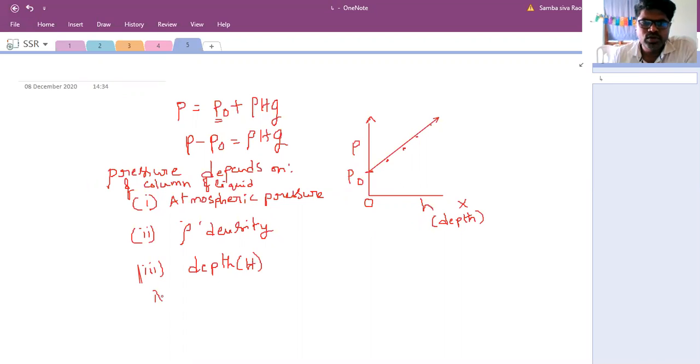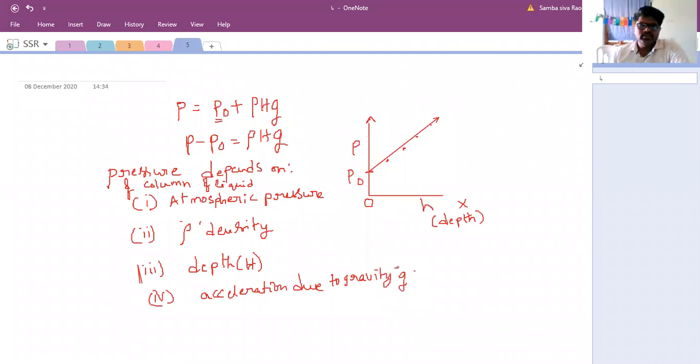Fourth, acceleration due to gravity at that place. Are you clear these points? Pressure of a column of liquid depends on atmospheric pressure, density of the liquid, the depth h, and then acceleration due to gravity at that point.